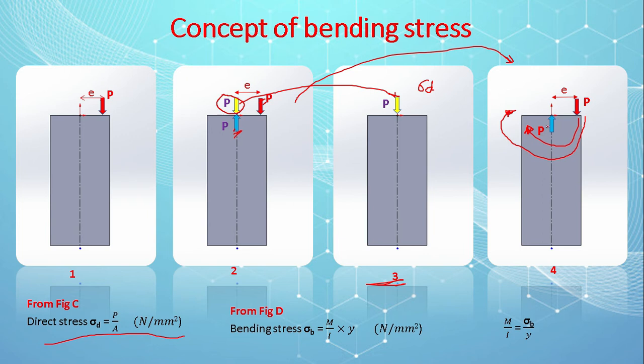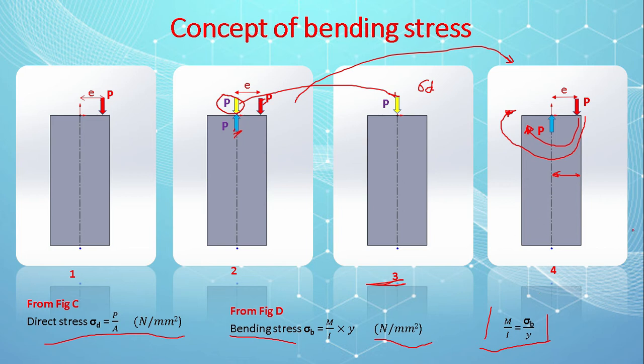So due to this, bending stress gets produced in this column, and this bending stress can be calculated using this formula. This formula we have seen in SFD and BMD. M by I is equal to sigma b by y. So bending stress is equal to M by I multiplied by y. y is the distance of this extreme fiber from the neutral axis, and the unit for bending stress is Newton per mm square.